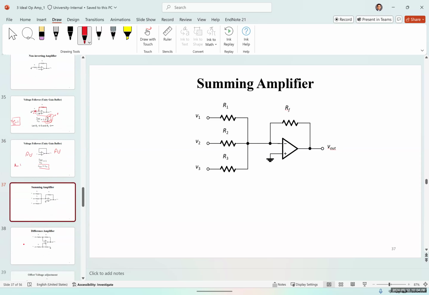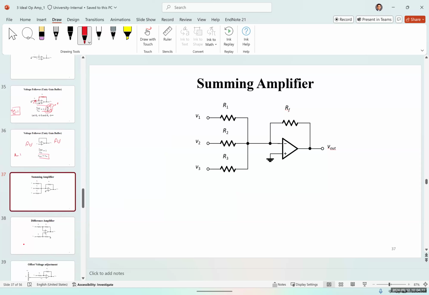We also have another type of amplifier, which is called the summing amplifier. Again, can you tell me what type of amplifier is this? Without R2 and R3, imagine that we don't have R2 or R3. We just have one R in the input. What type of amplifier would this be? Perfect. Because, again, the input is connected to the inverting input.